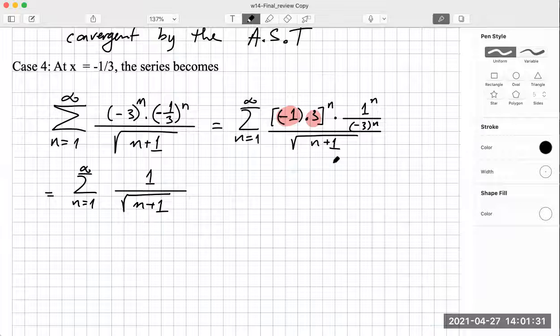No. No? The divergence test, you use it when the limit of the sequence converges to a number which is not 0. In this case, the limit when n goes to infinity, this 1 over this guy, it converges to 0. So the divergence test is not working here.